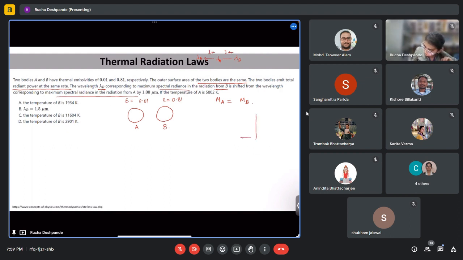So if this is the curve for lambda A, lambda B would be either like this or like this. The temperature of A is also given. So from this relation we have epsilon, area is the same only. So we have epsilon A sigma T A to the power 4 is equal to epsilon B sigma T B to the power 4.